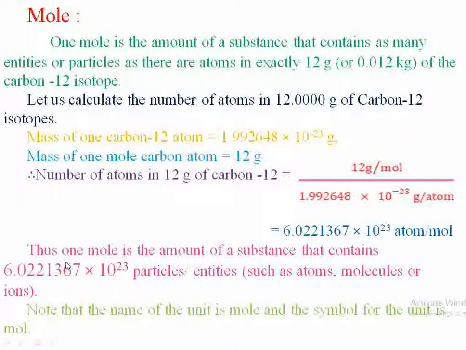Thus, 1 mole is the amount of the substance that contains 6.0221367 × 10^23 particles or entities such as atoms, molecules or ions, and this number is termed Avogadro's number.